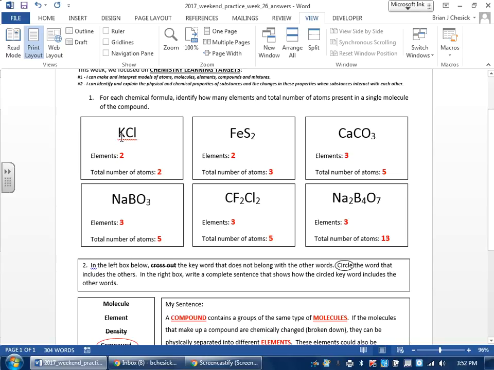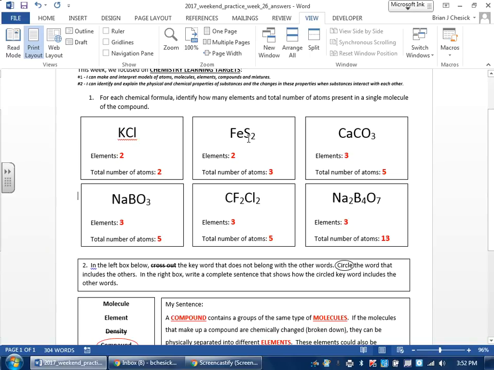So there's potassium represented by the capital K and chlorine represented by the uppercase C with the lowercase l for two elements. Because there's no subscripts, there is one potassium atom and one chlorine atom for a total of two atoms that would make up that molecule.